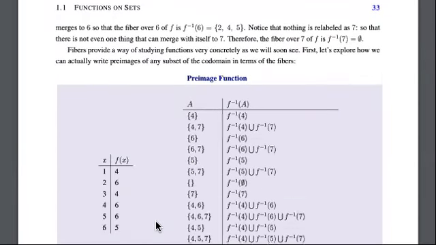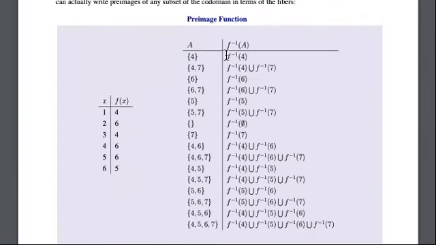In fact, we can label the fibers just by reusing this preimage notation. So we take the preimage of 4, which is in the codomain, and if this is the input of the preimage function, this is the output. Notice that if you take something in the codomain like {4, 7}, what we're looking at is the union of the fibers of each one of these, 4 and 7.